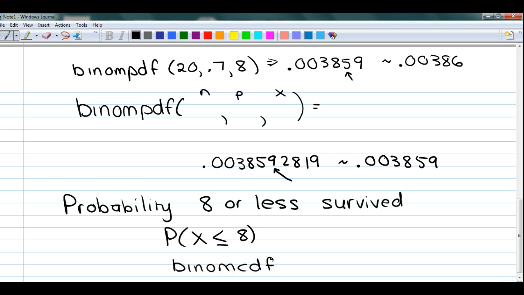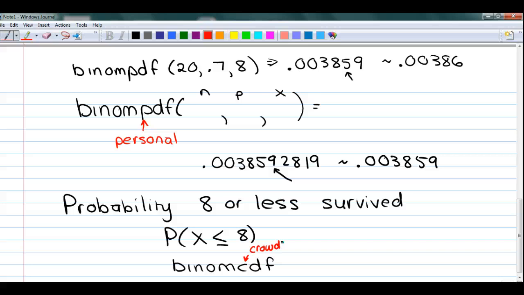CDF is less than or equal to, so it's usually more than one value. I think of the P as standing for personal, just one value, and the C as standing for crowd, more than one value. Technically, PDF is probability density function, and CDF is cumulative distribution function. But personal and crowd work for me.